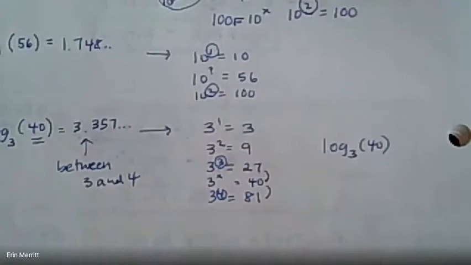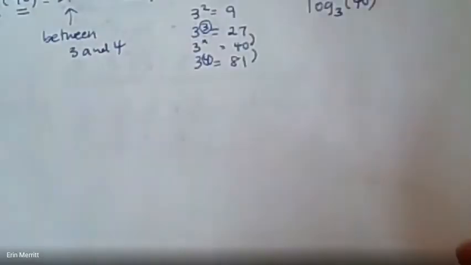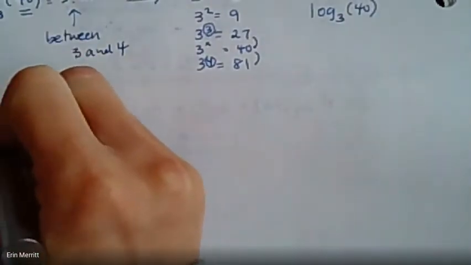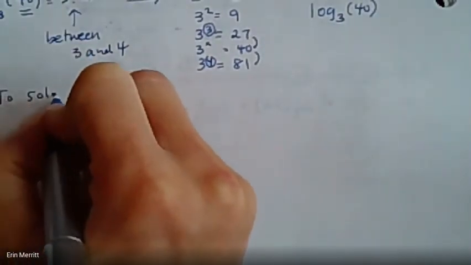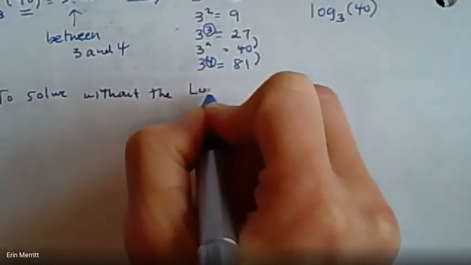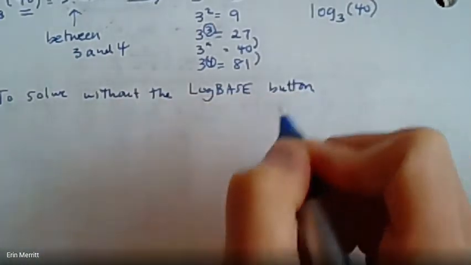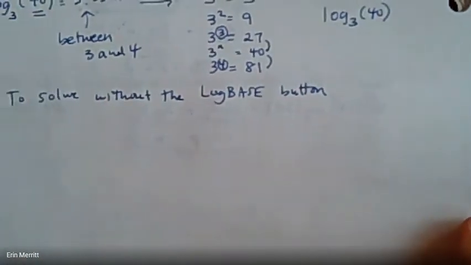So that looks awesome. If though you don't have the log base button, let's talk about how we would do this. So I'm going to slide this up here for a second. Right? So to solve without the log base button. So those are like those chunkier calculators.